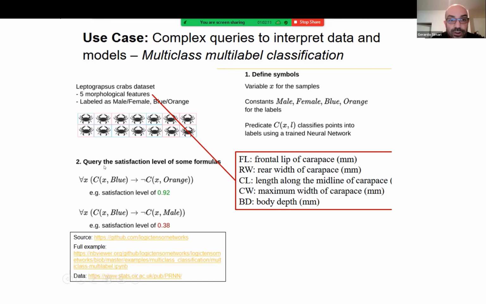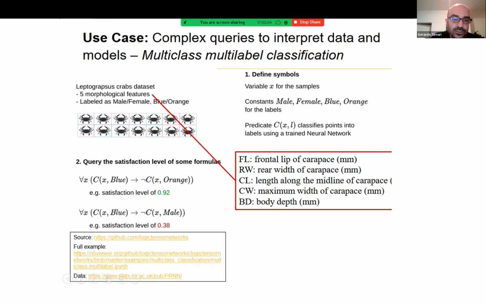And you can query, for instance, the satisfaction level of some formulas. Maybe you have a hypothesis and you say, hey, does blue mean it's not orange? Or maybe they're a little bit of both. So you say for all x, if x is blue, then it is not orange. And the theory that they learned has a satisfaction level for this formula of 0.92, which means that this is quite generally true, but there are probably some counterexamples.